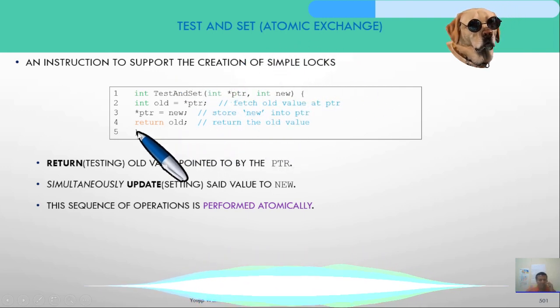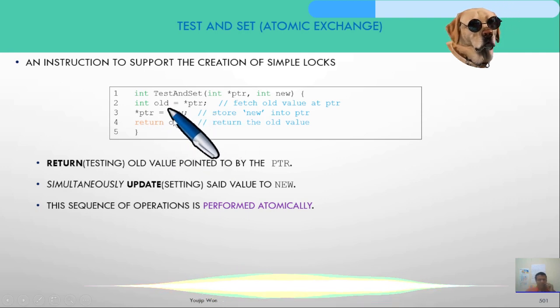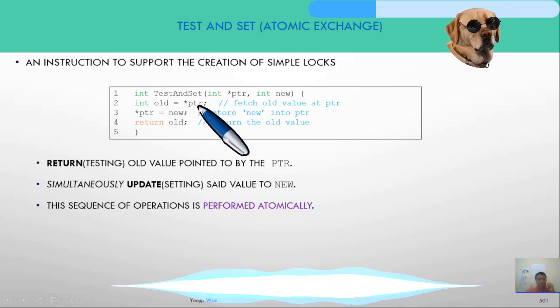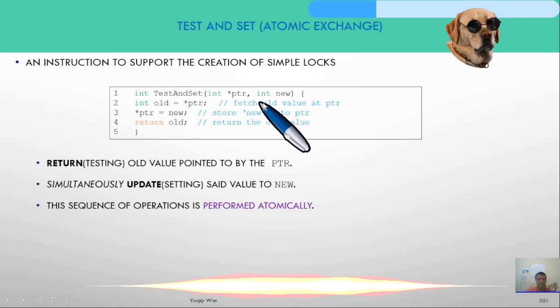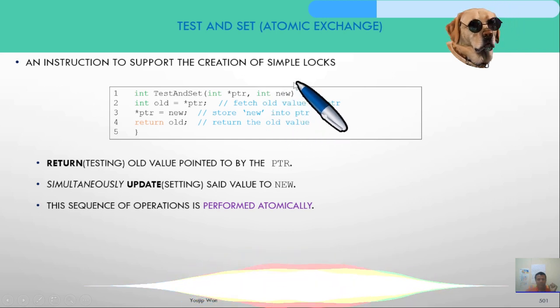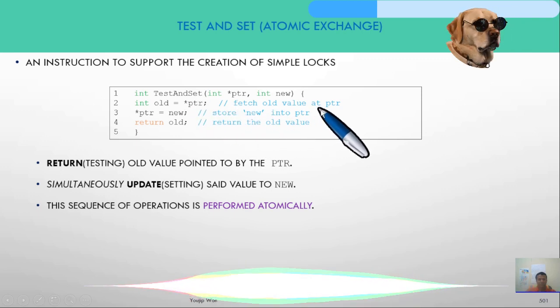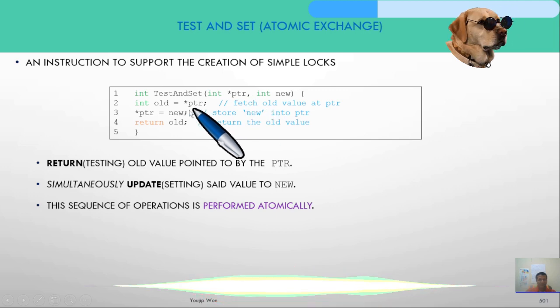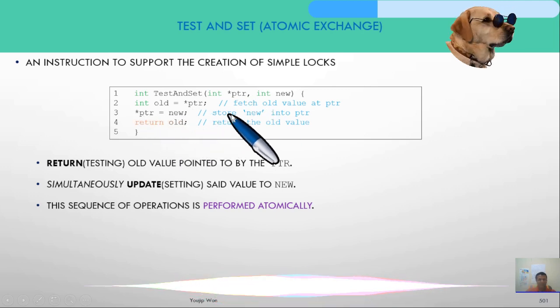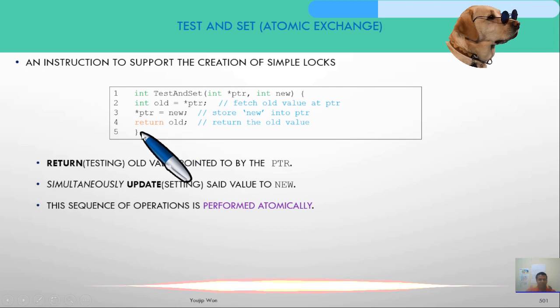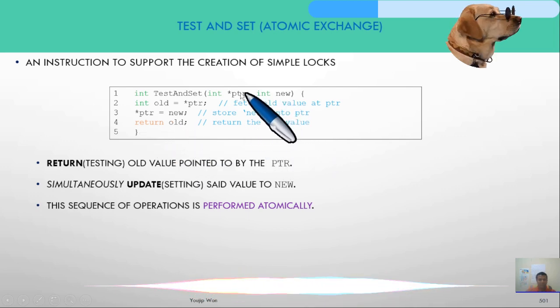Let's see the syntax. I have the code and we are going to run it in the Ubuntu Linux operating system, and we are going to see the result as well. So the syntax is int TestAndSet(int *ptr, int new), then int old equals *ptr, fetch the old value at the pointer, and *ptr equals new, store new into the pointer, and return old, return the old value.